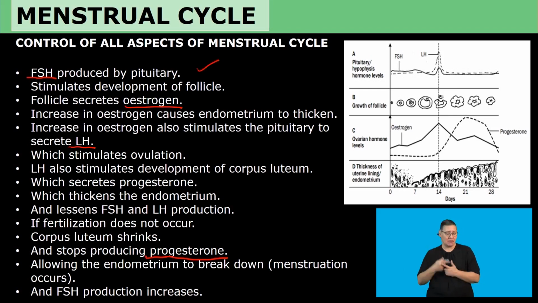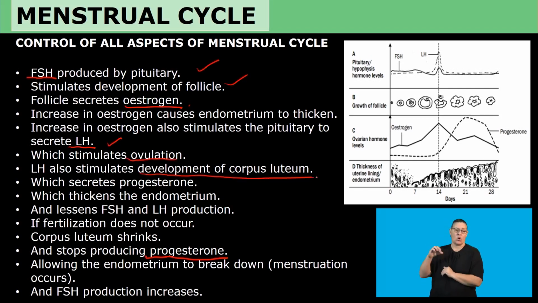What is the function? Stimulates development of follicle. Then we've got the follicle, which is Graafian, secretes estrogen. What is the function? It causes endometrium to thicken. Then we've got LH. And what is the function? Two functions for LH: stimulates ovulation and also stimulates the development of corpus luteum.